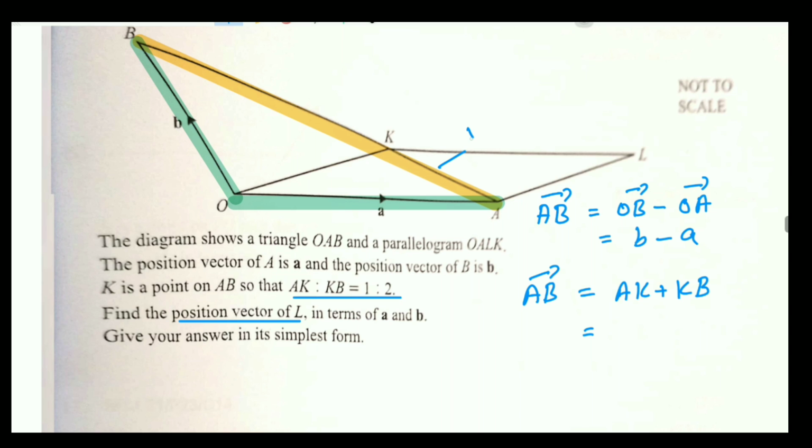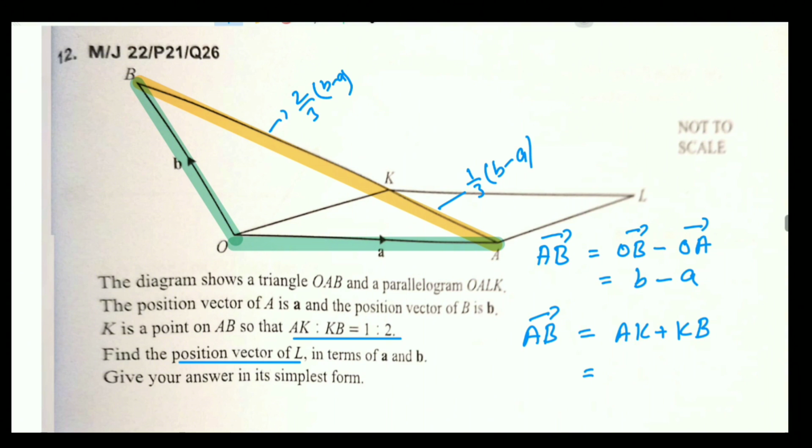So it will be 1/3 of b minus a, and the second one is 2/3 of b minus a, according to the given information.